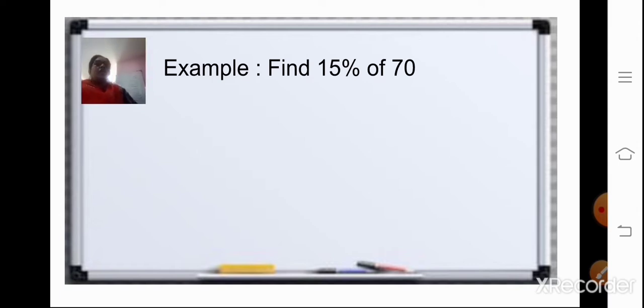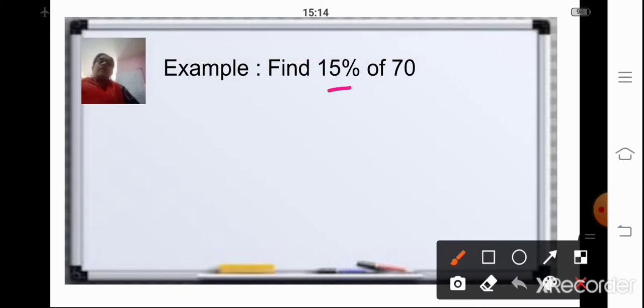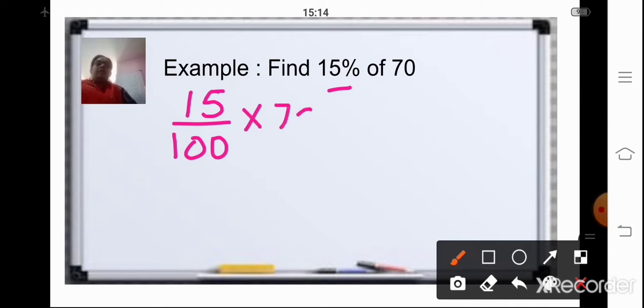The first point is we have to change the percent into a fraction. What is the percent here? 15%. So we will change it into a fraction and write it as 15 upon 100 and then multiply it by 70. Now here you can cancel this 0.